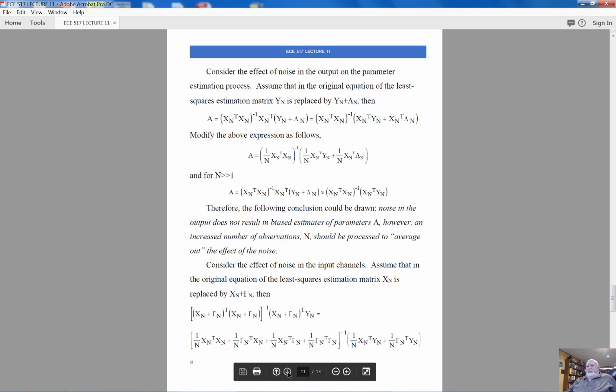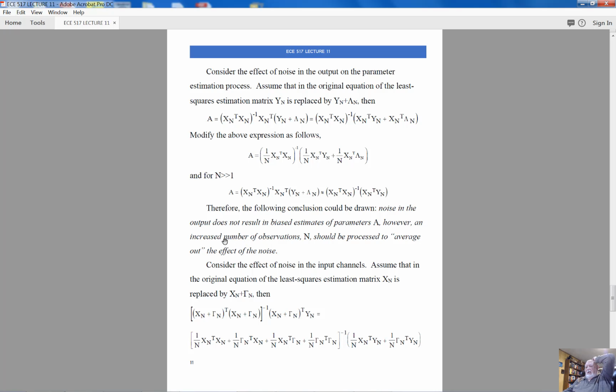And therefore, the following conclusion should be drawn. Noise in the output does not result in biased estimates of the parameters A. However, I told you that this will hold, or certain terms will become zeros, only if n is a large number.